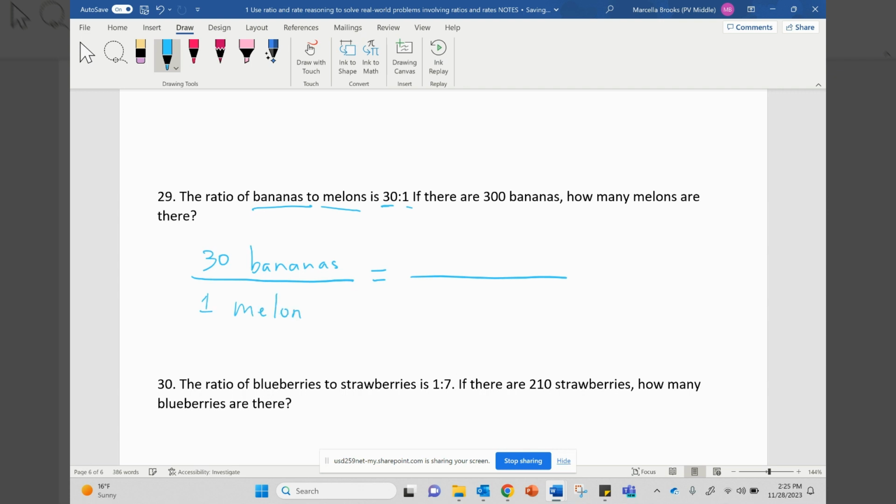If there are 300 bananas, 300 bananas goes on top because we have bananas on top on the other side. How many melons are there? So what we're trying to find is how many melons are there? That's going to go here. So see if you guys can solve this. I'll give you the sentence stem. There are blank melons.